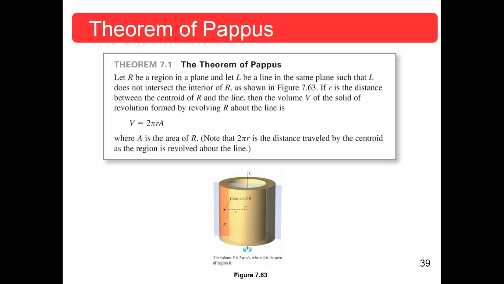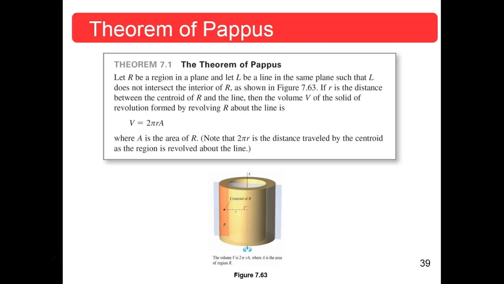Okay. If little r, now that's capital R, the region, if little r is the distance between the centroid of that, so yeah, here's that r, I didn't see it. Capital R down here is this little rectangle in a plane. L is in the same plane as that rectangle, but not in the rectangle. Okay.